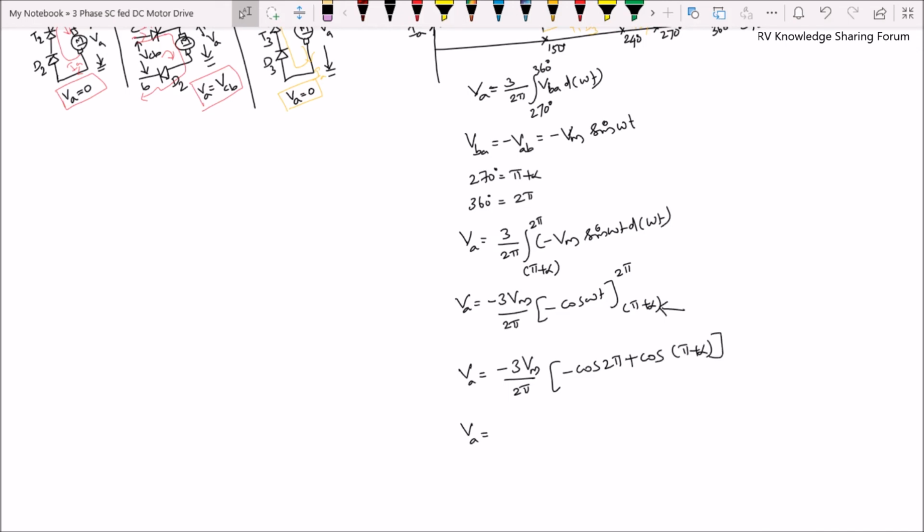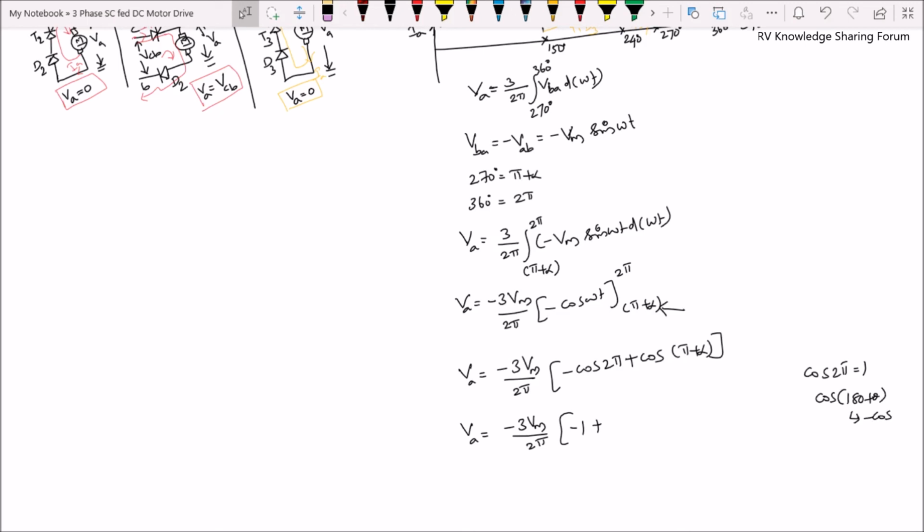So VA is equal to minus 3 Vm by 2 pi. The value of cos 2 pi is 1. So what happens is here minus 1 plus, and again here cos of 180 plus theta is minus cos theta.